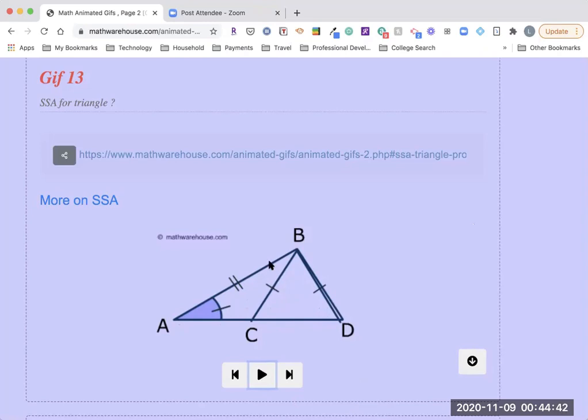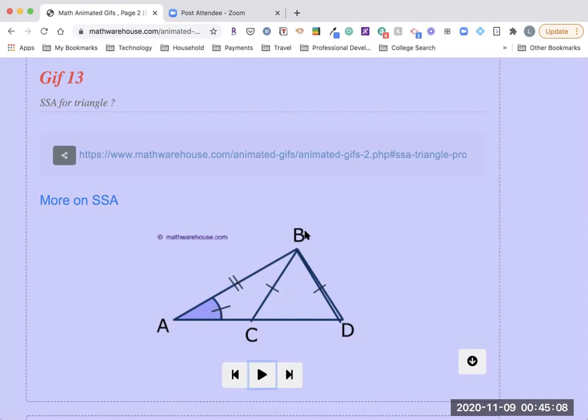So this would be side, side, angle. And then there's another triangle, triangle ABD, that's formed with the same lengths. Here's the first pair of congruent sides, here's the second pair of congruent sides, and then a non-included angle. And you can see that those two triangles are not congruent.